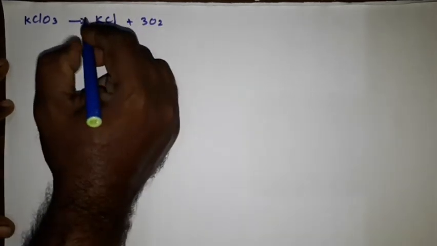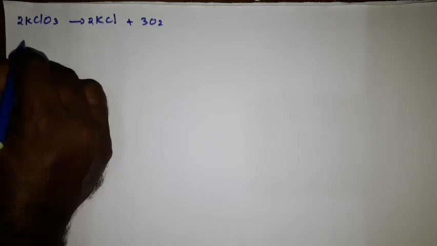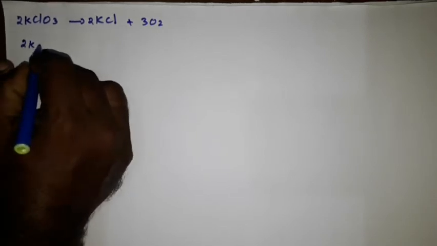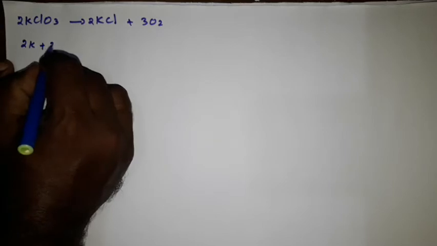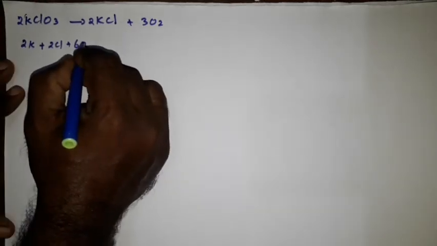So balance the equation: put 2 here, 2 here. Now there are 2 potassium atoms, then 2 chlorine atoms plus 6 oxygen atoms. This 2 is common for all, so 6 oxygen atoms.